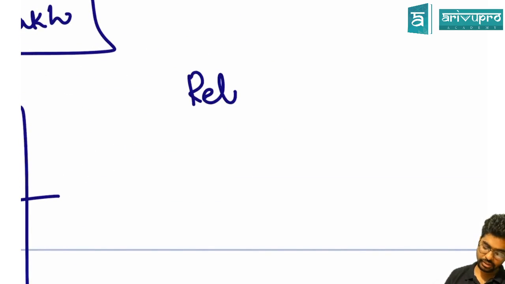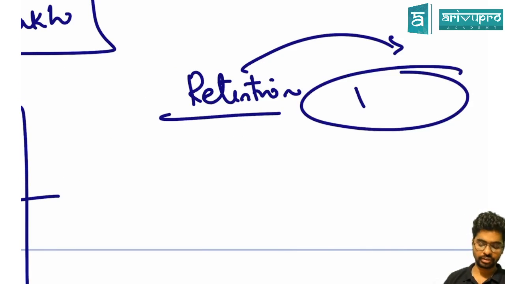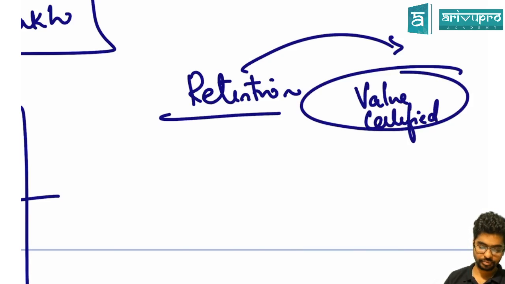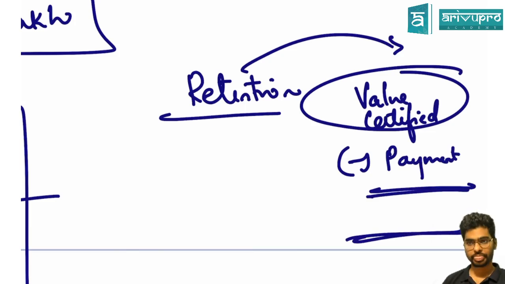What is retention money? Retention money is basically out of the value certified, whatever payment is made, the balance money held by the contractor. I would prefer if you can use the everyone option for chatting, not private chat, because it gets too much difficulty in reading it.